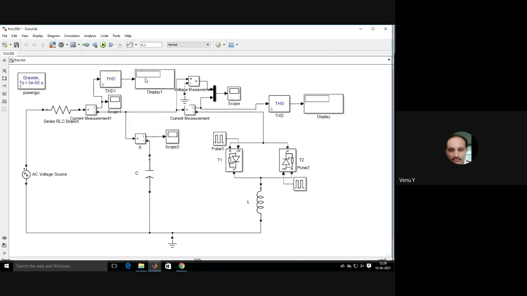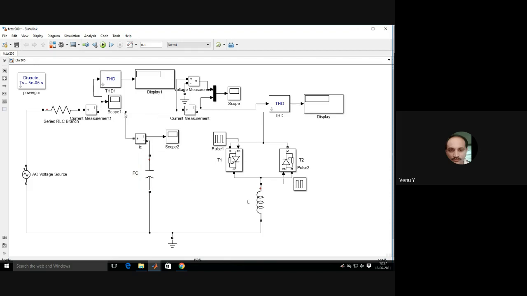And the THD block is connected to measure the THD content of the total current. And this is the fixed capacitor, FC. And this is the TCR.